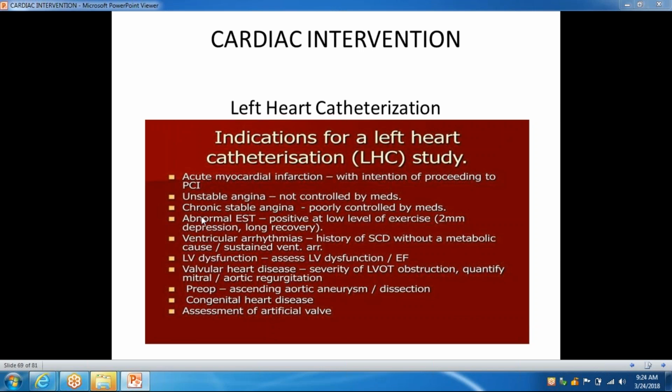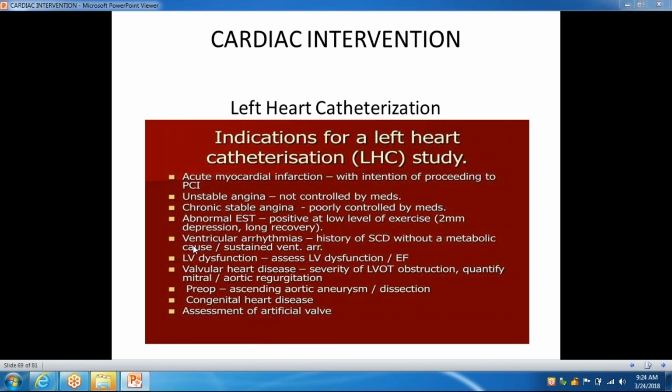So an abnormal stress test, and we have different types of stress tests. We have regular stress tests without any imaging. We have stress echo, where we do echocardiography, or you may have a nuclear stress test. These are different types of stress tests.